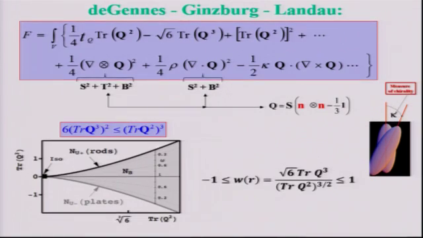This sort of description of nematics and cholesterics is extremely fruitful because the quadratic part of this free energy can be diagonalized. That means you can make a Gaussian theory of decoupled modes out of that.